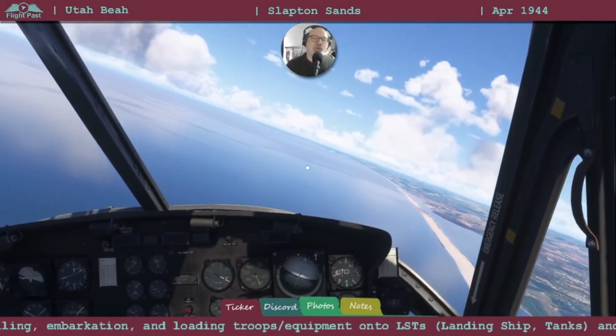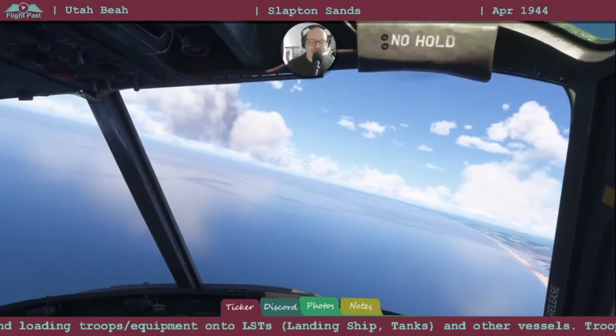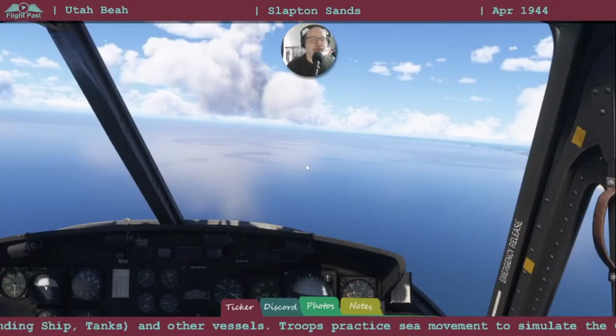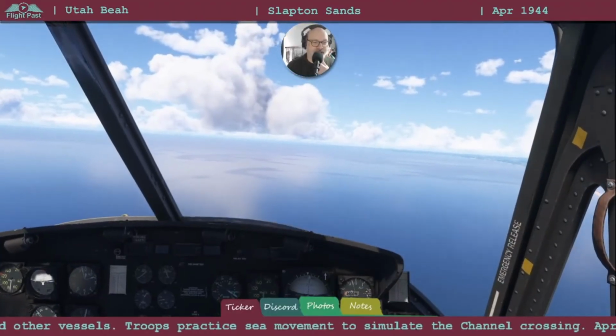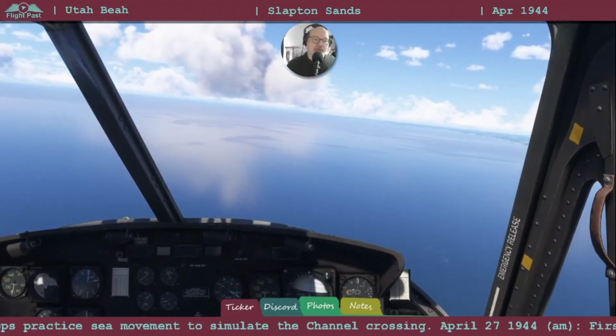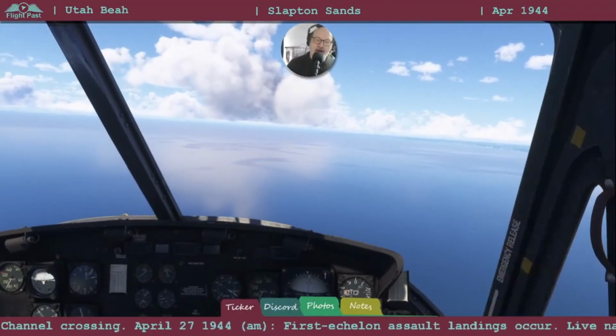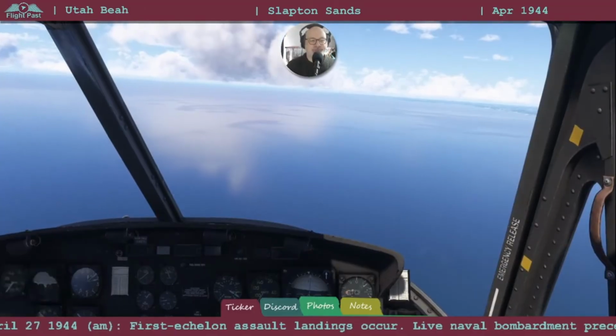So when they decided that they needed to include the Coastline Peninsula as part of the invasion plan, they needed to keep the beach as close as possible to Omaha Beach so they could link up.